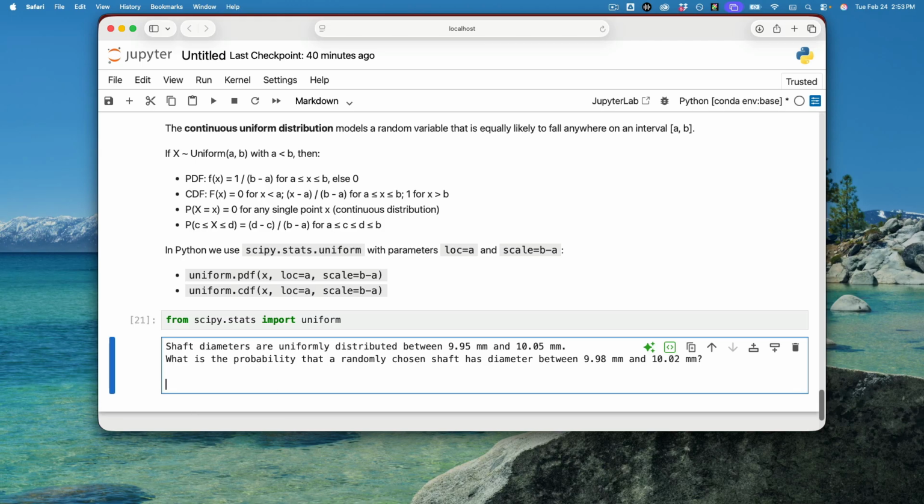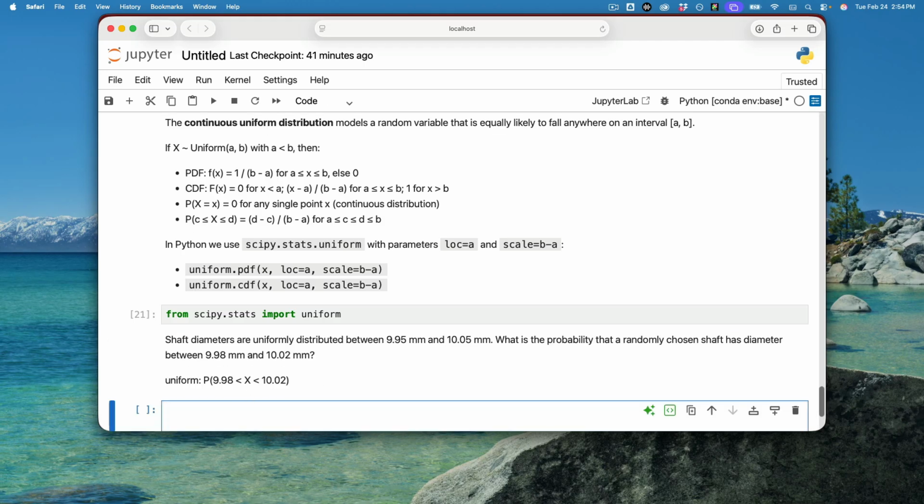So this is uniform distribution, and we are finding the probability between 9.98 and 10.02. It doesn't matter if I put greater than or equal, or less than on either side, they're all equal to each other. So I'll just use the faster notation. I put exclusive.